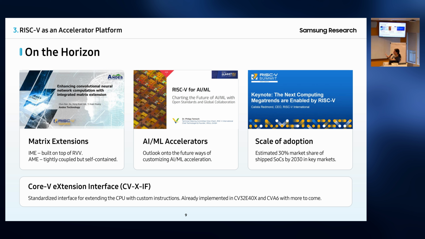And third thing, scale of adoption. This is a keynote from Calista Redmond from RISC-V International, and she claims, of course, we need to take it with a pinch of salt, that by 2030, RISC-V will be shipped in 30% of SoCs.